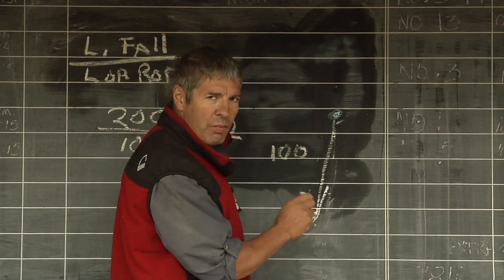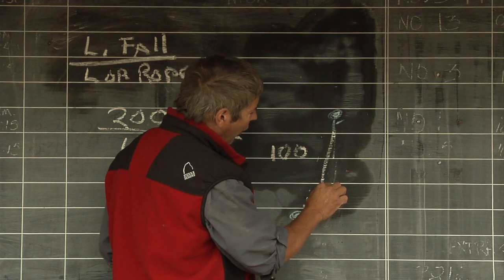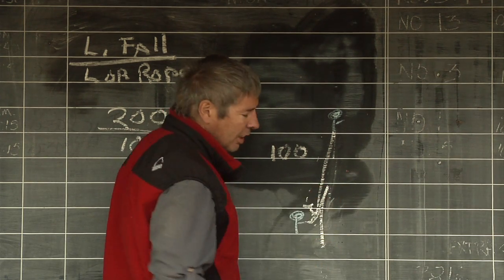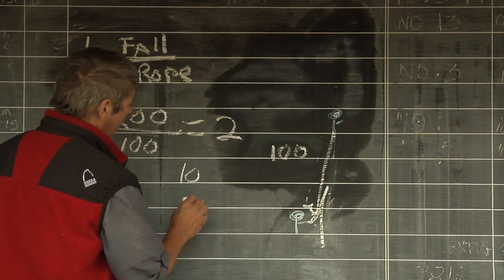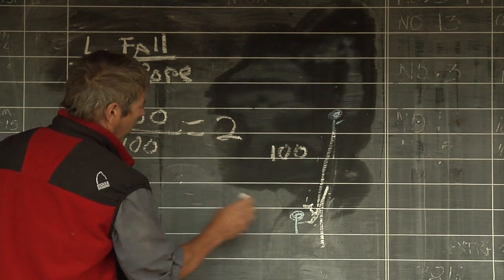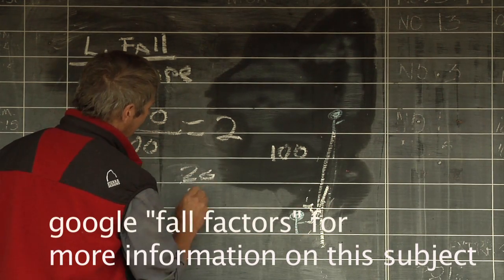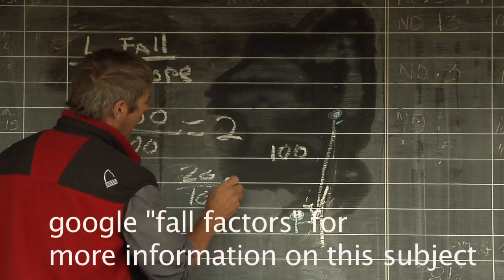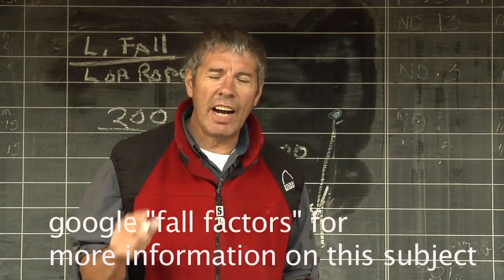He may only be 10 feet above the belay, or even 5 feet for that matter, and he falls without having any gear in. It's the same situation. He doesn't have any gear in, so he can fall 10 feet to the belay, 20 feet divided by 10 feet of rope out still equals a fall factor 2.